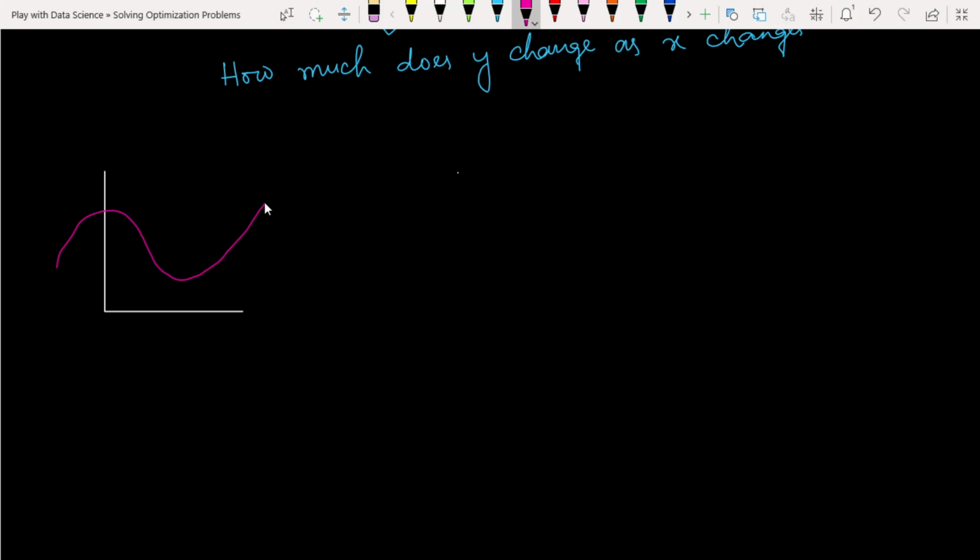We are taking one value here, that is called x1, and another value here, that we call x2.